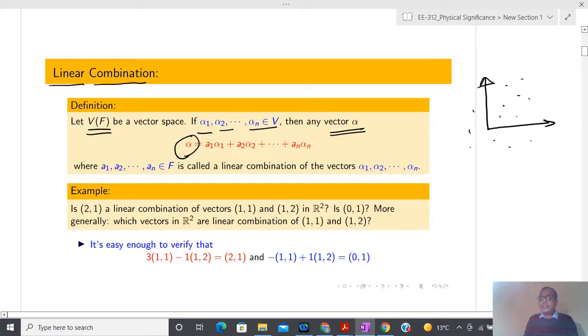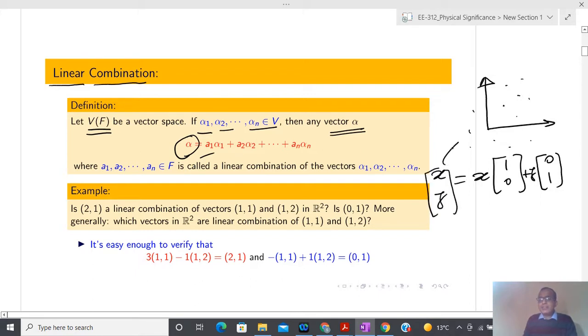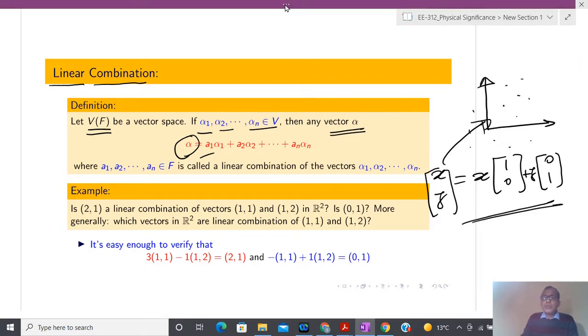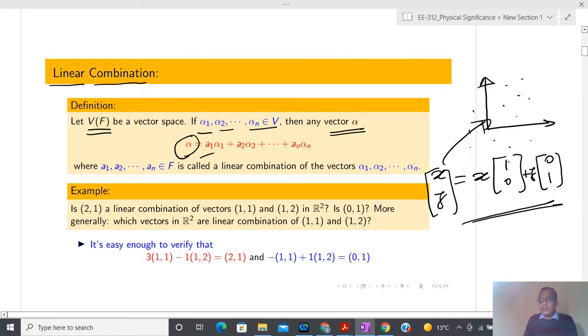Okay, and it is possible to show that if I select vectors like (1, 0) and (0, 1), then scaling these vectors by proper scalars, say x and y, any point in this space can be represented as a linear combination of these two vectors.